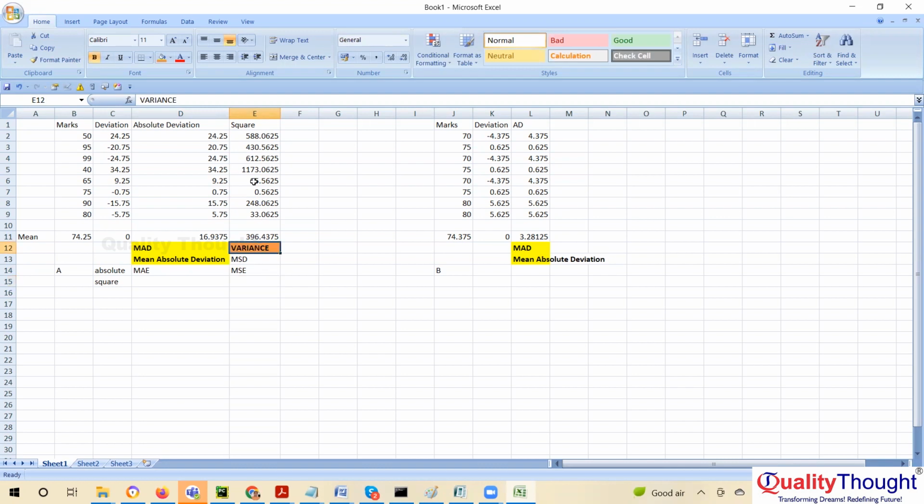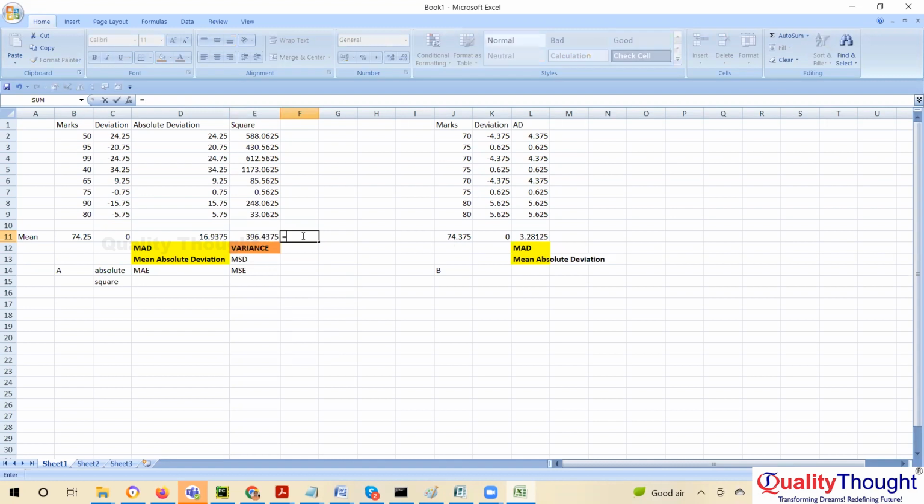Since we have done the square of this, the value will be in square format, not in the same unit. This is rupees, this becomes rupees square; this is kilometer, this becomes kilometer square. They are not comparable, right? We should bring them to the same level. So we calculate the square root of this.